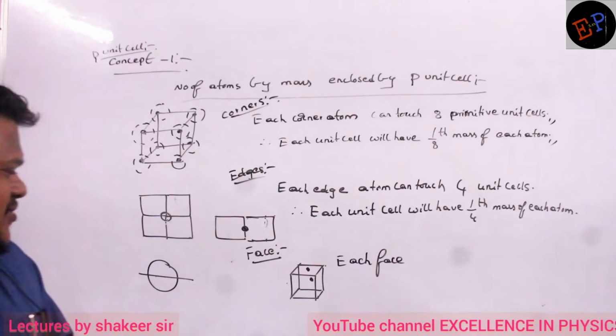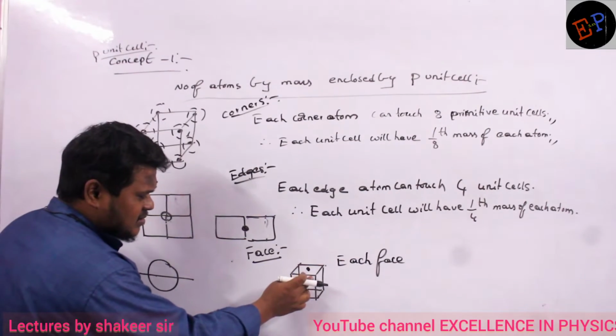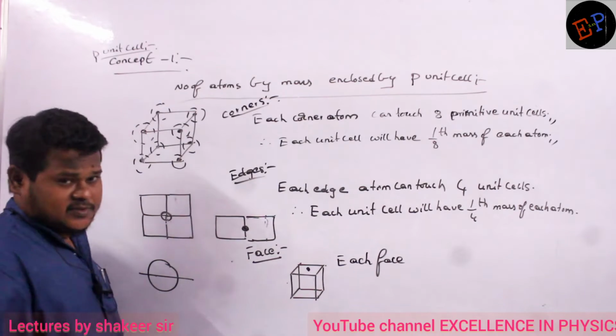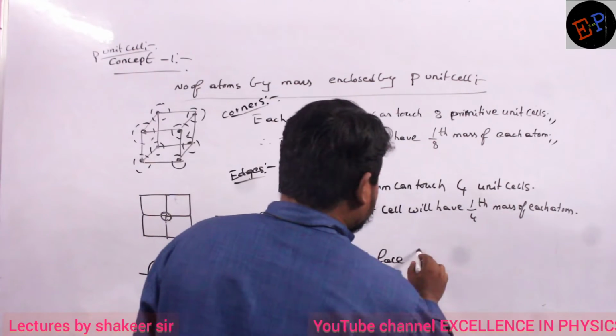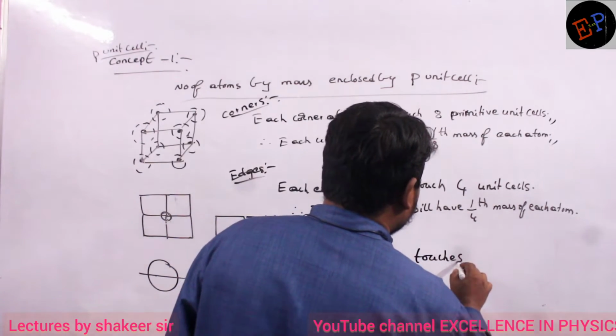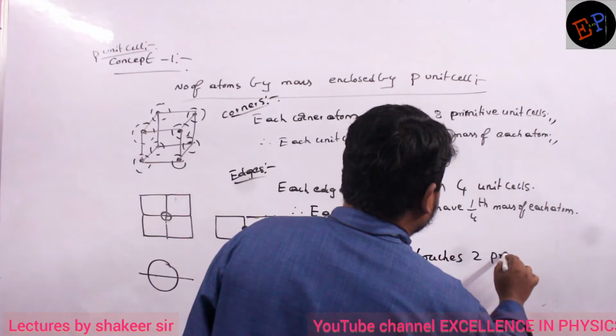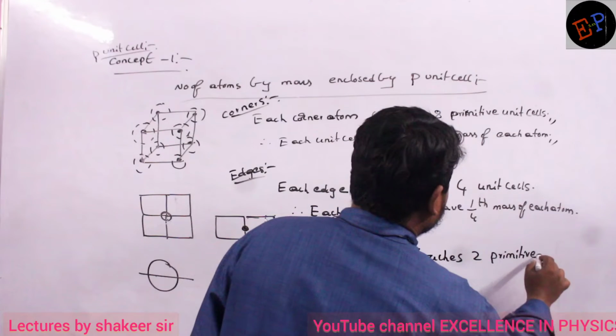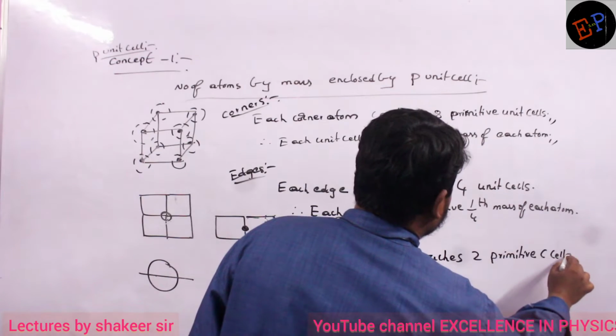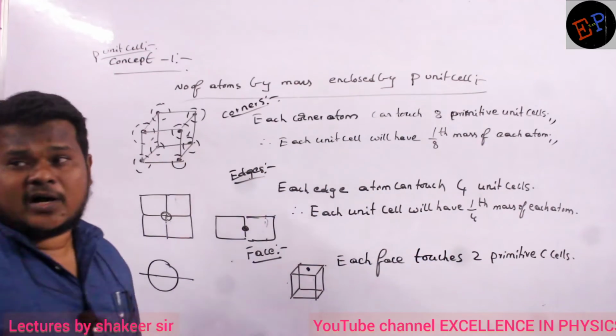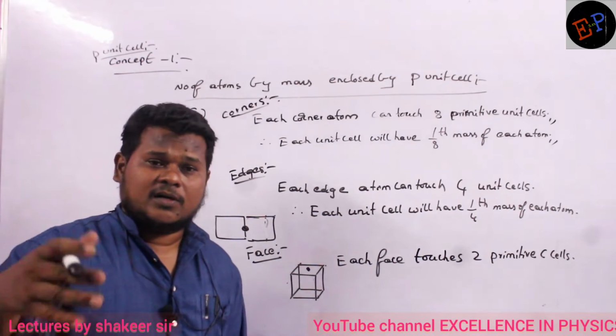Understood now? So therefore, when atom is present on one face, then each face touches how many primitive cells, ma? 2 primitive cubic cells. Are you able to understand? Therefore, how much mass is present? 1 by 2.